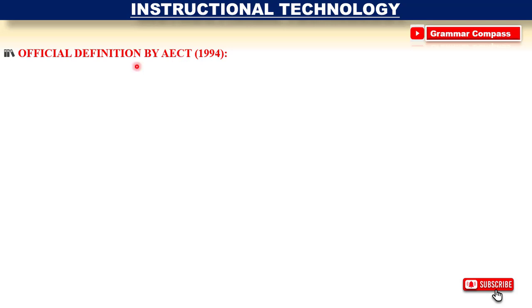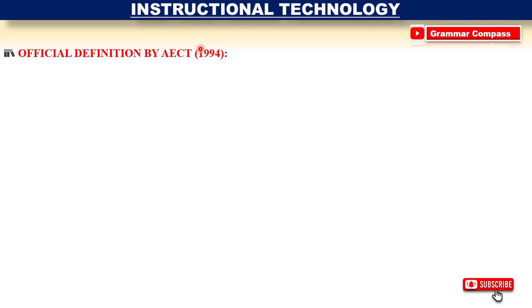Let us talk about this official definition of instructional technology by AECT. AECT stands for Association for Educational Communications and Technology. It is a professional organization in the United States that brings together educators, researchers, and designers who are interested in using technology to improve teaching and learning.